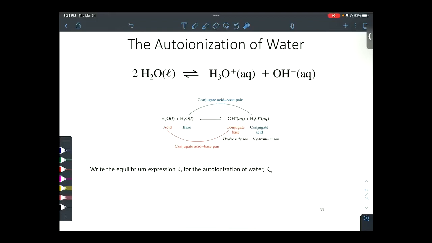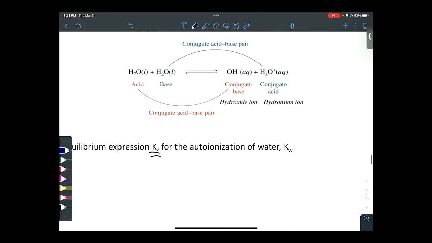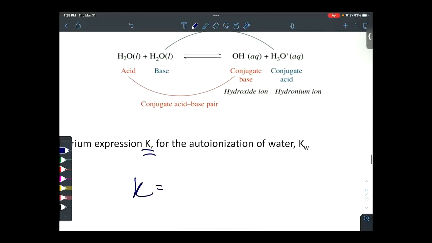So just based upon this equation, we can write the K expression for this chemical reaction. So how can we do that? K equals products over reactants, right? Anything that has a concentration. So what goes on the top of this K expression? The products, right. So the product that we see here is OH minus.